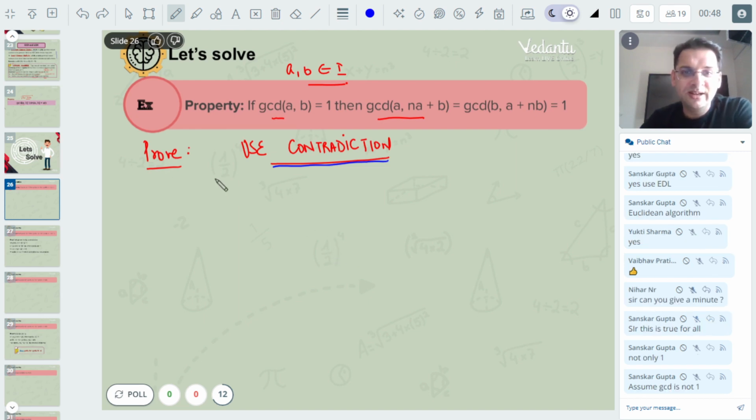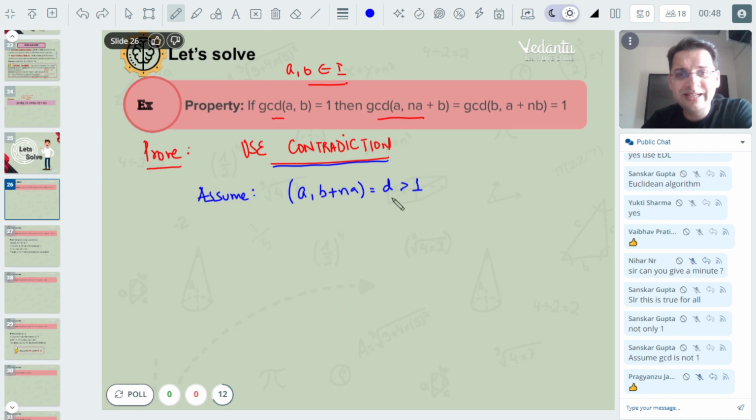Exactly. So assume that GCD of A and B plus NA is D, which is greater than 1. We assume that the GCD is D, which is greater than 1.